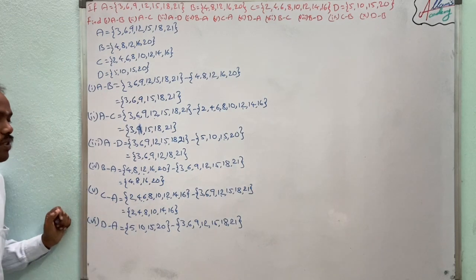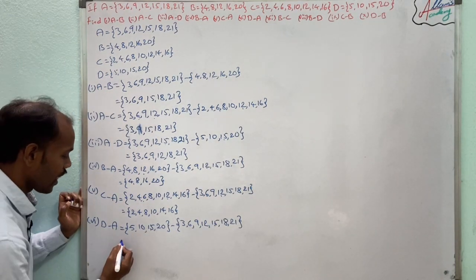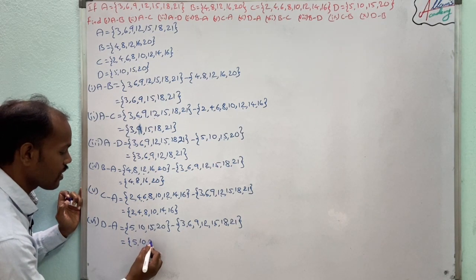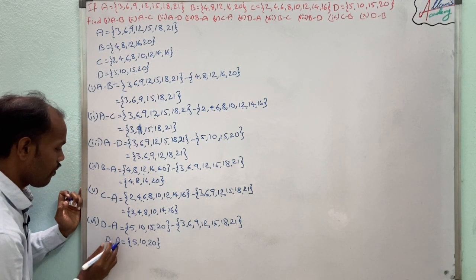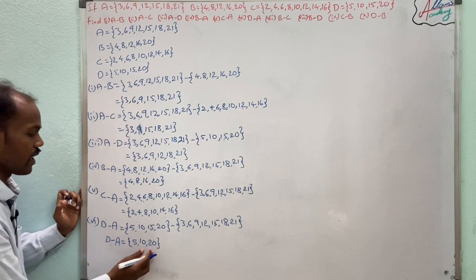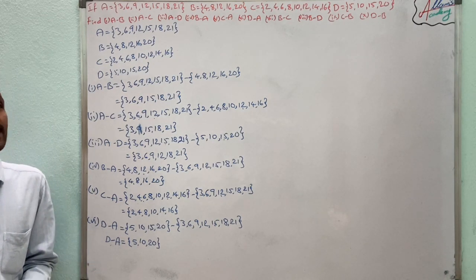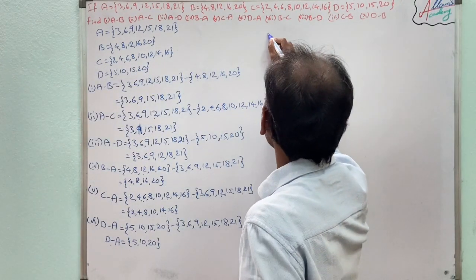In both sets the only common element is 15. Neglecting 15, the remaining elements of the first set, that is the set D, are 5, 10, 20. So that is the answer for D minus A. Now finding B minus C.